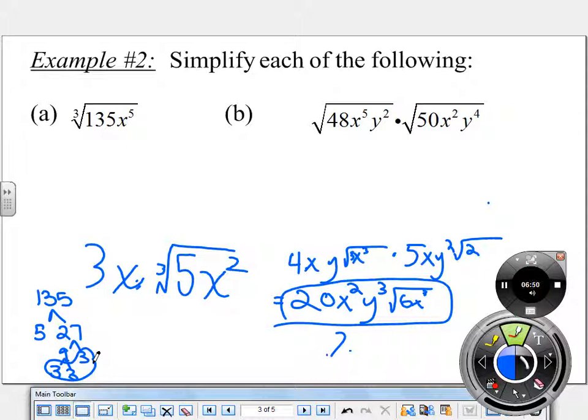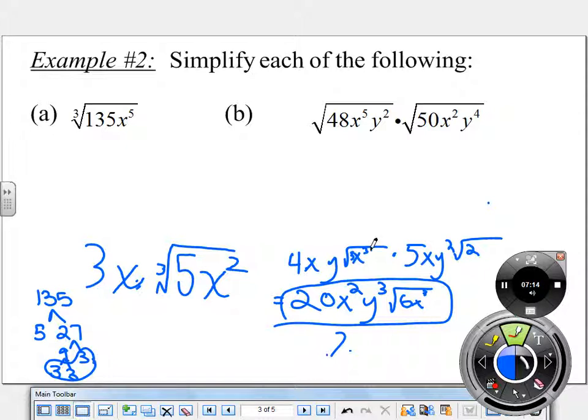All right, part B. So you can see that he kind of simplified individually first to make the numbers maybe a little bit easier to handle. So is everybody okay with the first radical breaking down as 4x squared y square root of 3x to the 3rd? Annika? Do you guys agree with that?